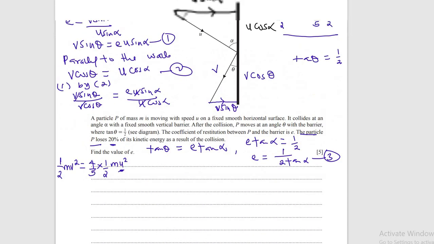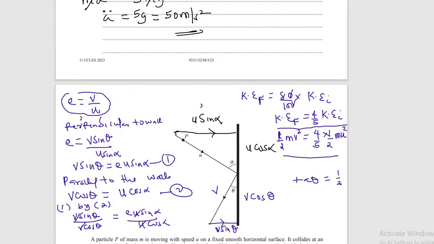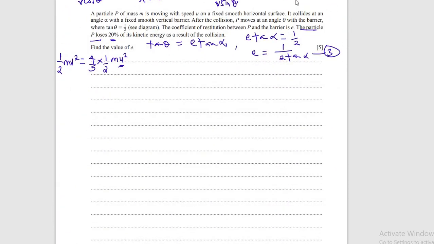Now, for the initial velocity, we have u sine alpha and u cos alpha, the perpendicular initial velocity and the parallel initial velocity. Since we have two components, perpendicular and parallel, I need to find the magnitude of the initial velocity.